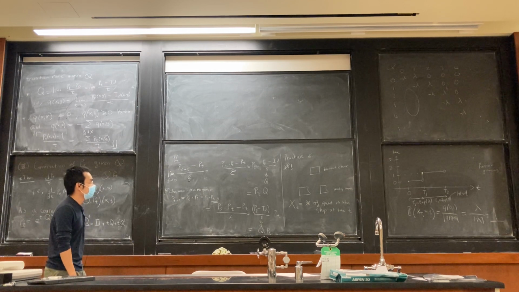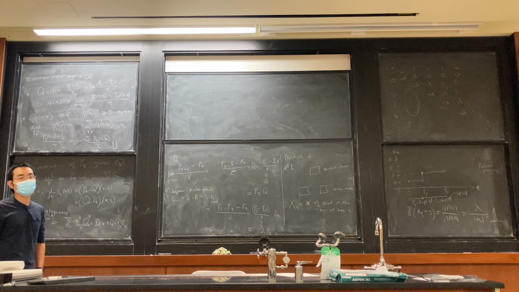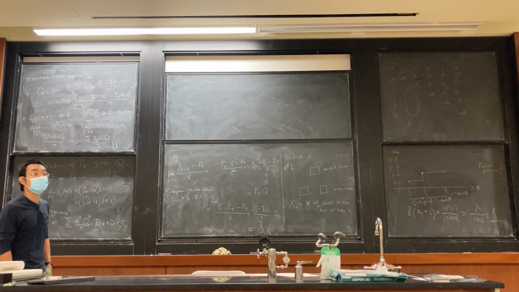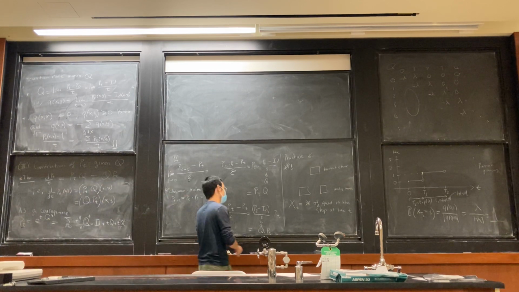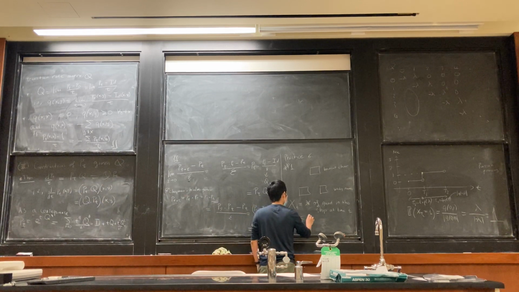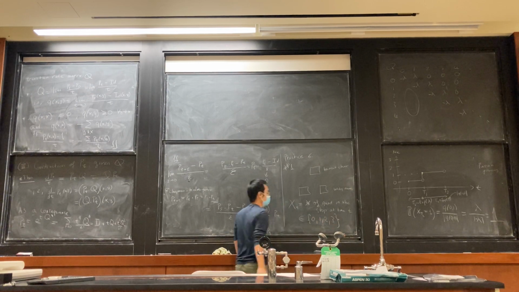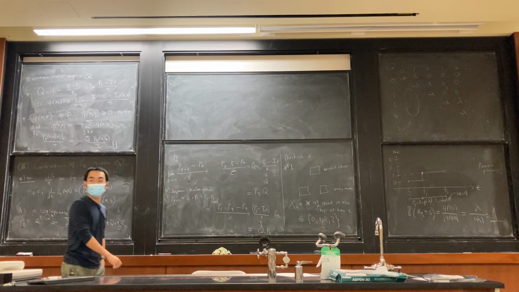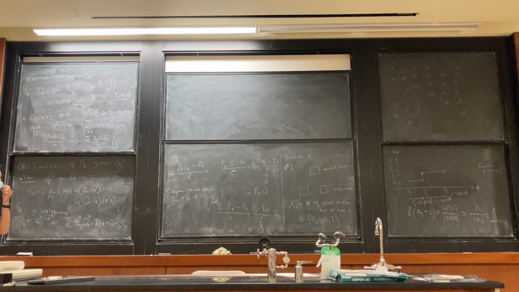How many guests can I have at a particular time t? 0, 1, 2, or 3. Up to 3. So the state space is 0, 1, 2, 3. Obviously, you can only have at most 3 people at one time.